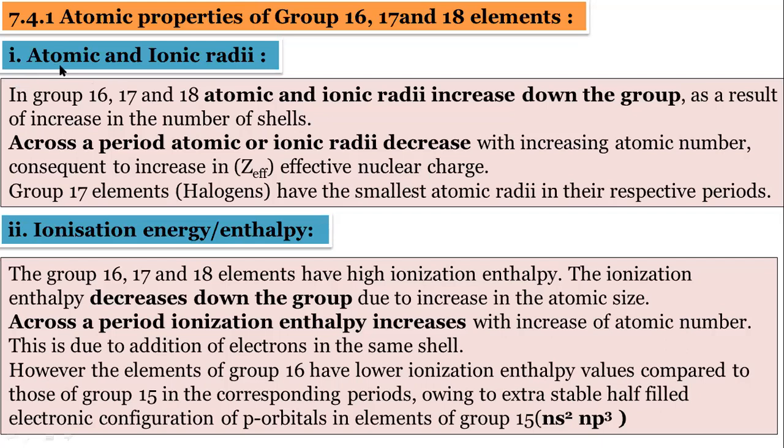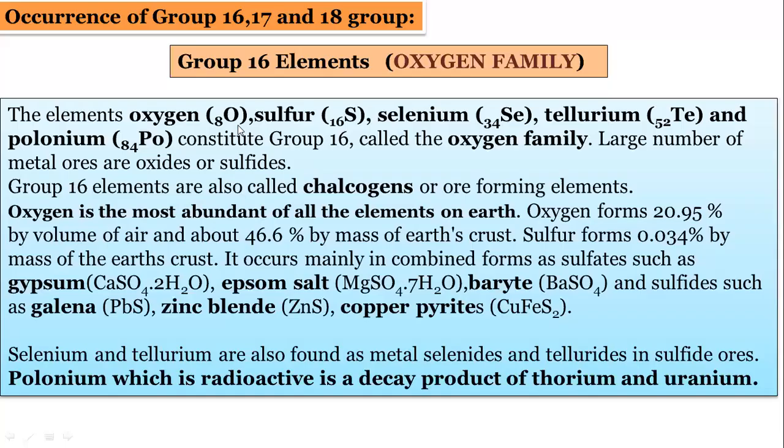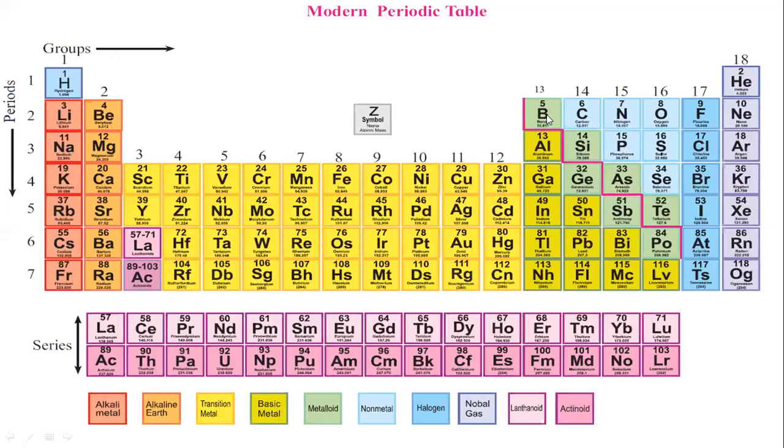What is happening with the atomic and ionic radii? You know, in the periodic table, I am showing the periodic table to you. From oxygen to polonium, atomic and ionic size increases.